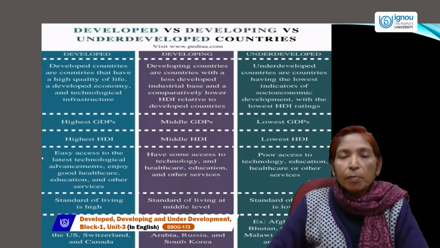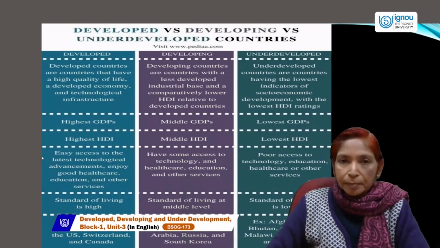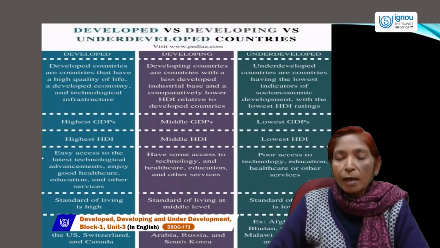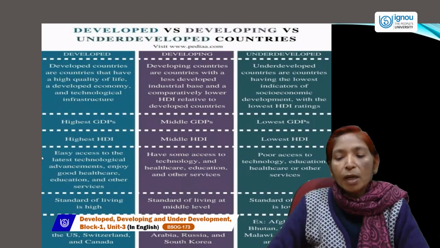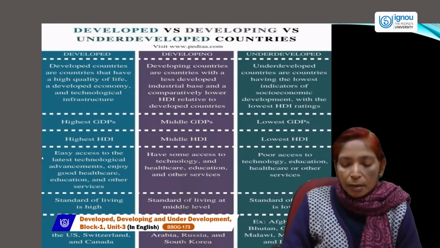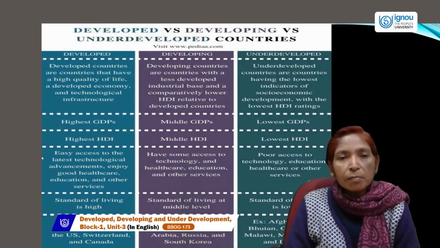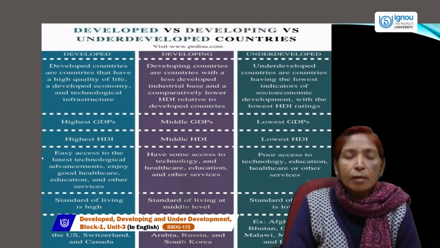Examples of underdeveloped countries are Afghanistan, Bhutan, Cambodia, Malawi, Madagascar, and Liberia. Madagascar, Liberia, and Malawi are African countries, and Afghanistan and Bhutan are neighboring countries of India. All these countries are called underdeveloped or less developed countries. So this is the main difference between developed, developing, and underdeveloped countries.